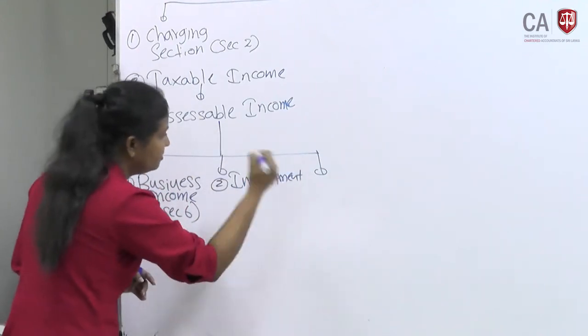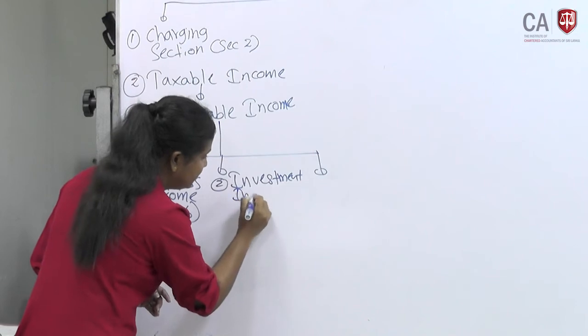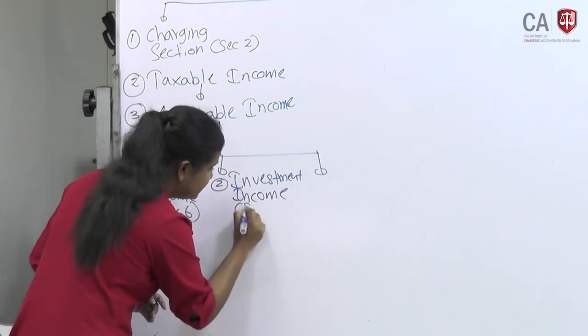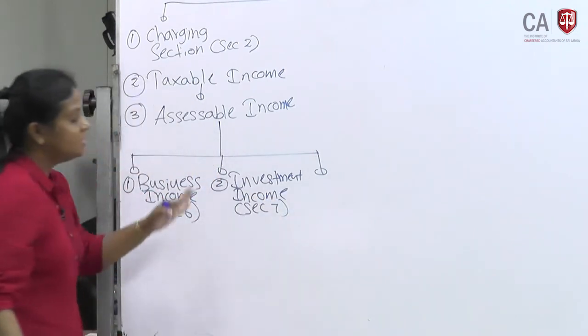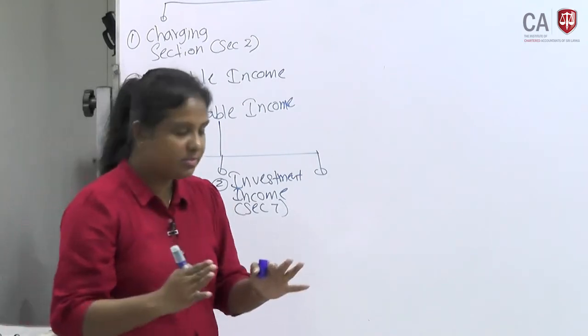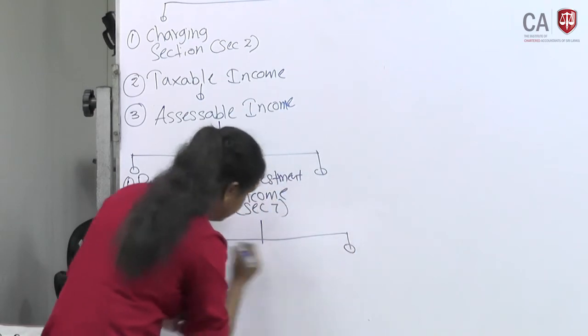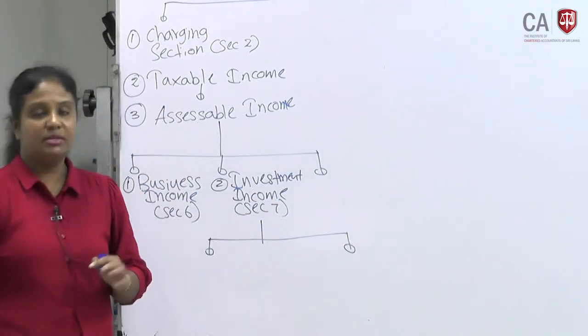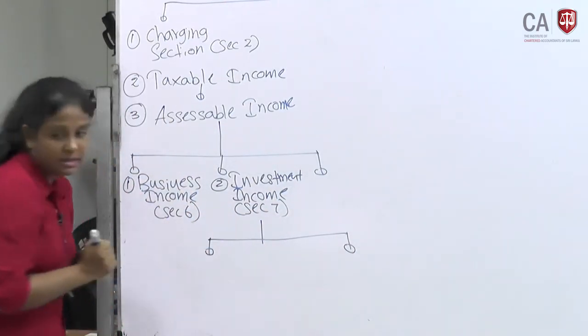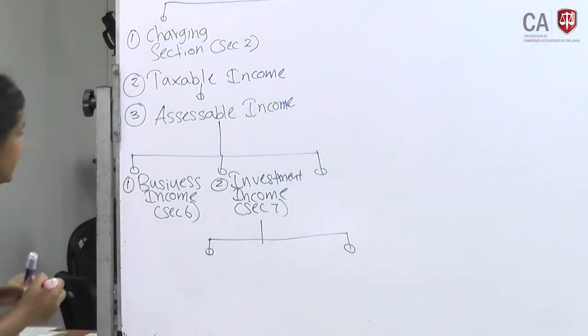Assessable income from investment is in section 7. In the investment income there are two main parts. One part is income from investment activities.